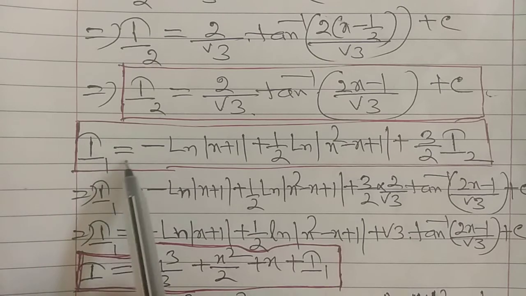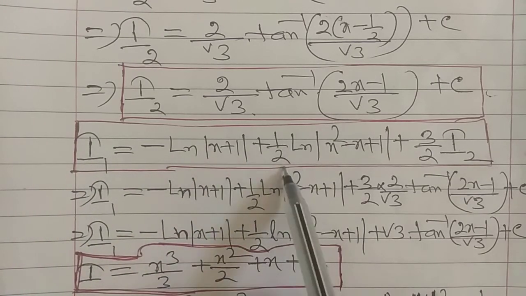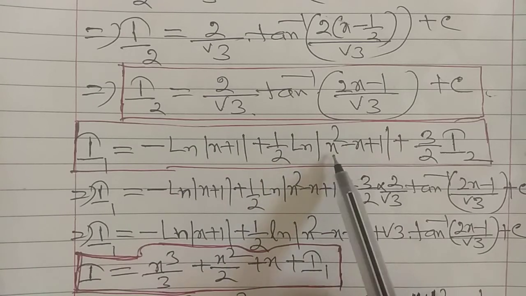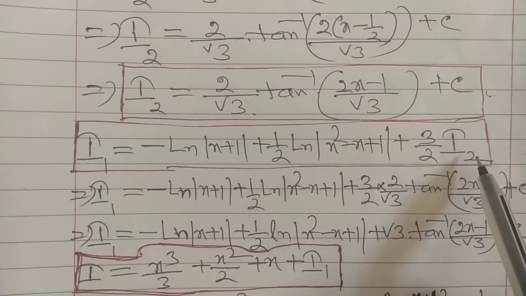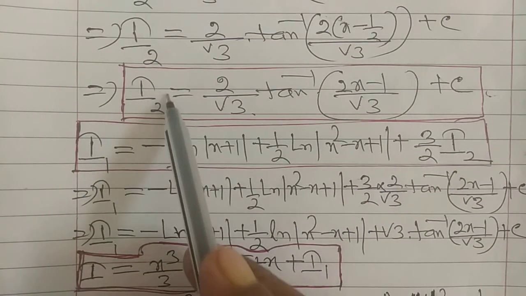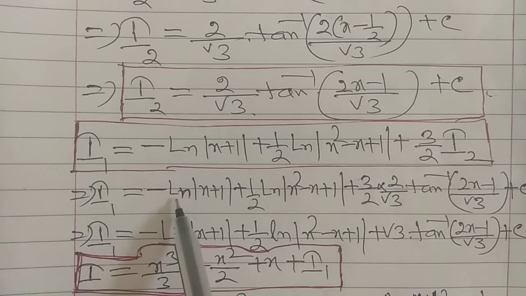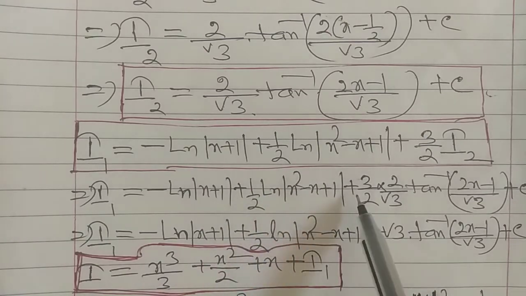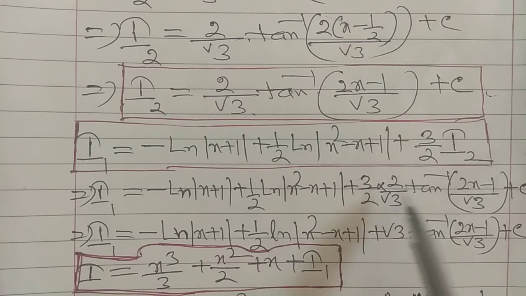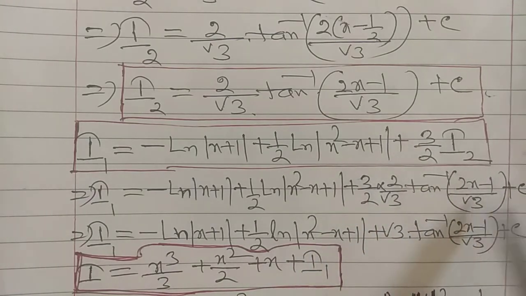And again we have I1 is equal to minus ln modulus of x plus 1 plus 1 by 2 ln modulus of x square minus x plus 1 plus 3 by 2 into I2. So putting the value of I2 in I1, we have I1 is equal to minus ln modulus of x plus 1 plus 1 by 2 ln modulus of x square minus x plus 1 plus 3 by 2 into 2 by 3 into tan inverse of (2x minus 1) by root 3 plus c.